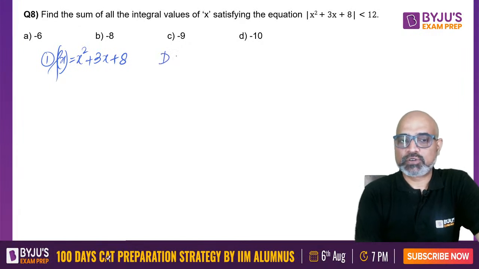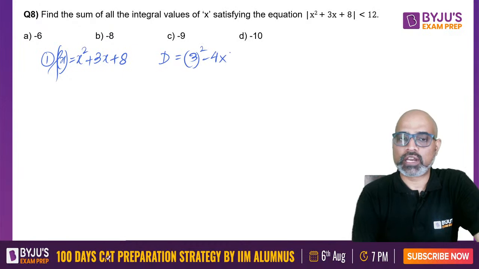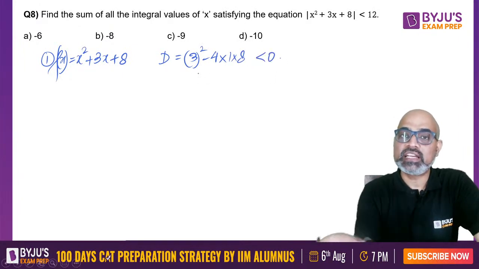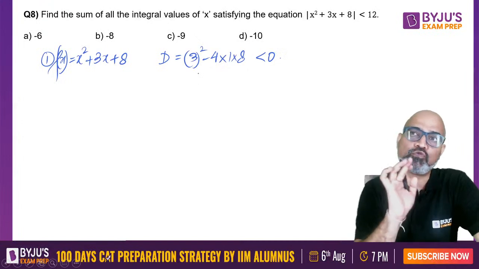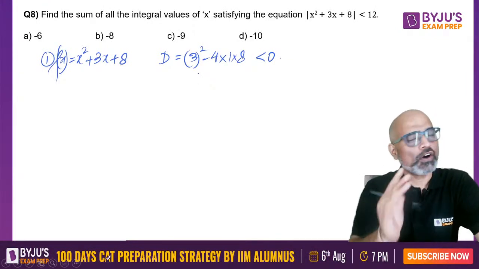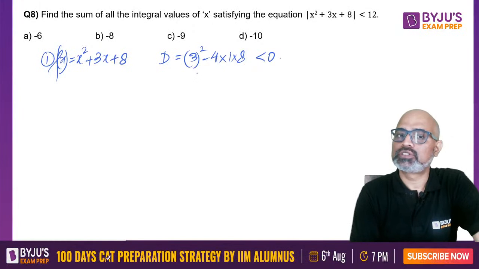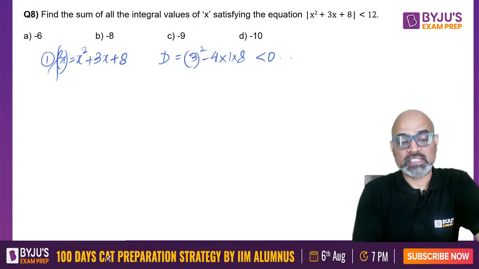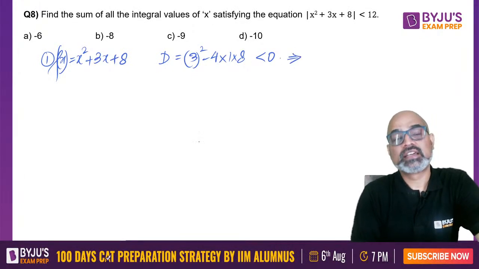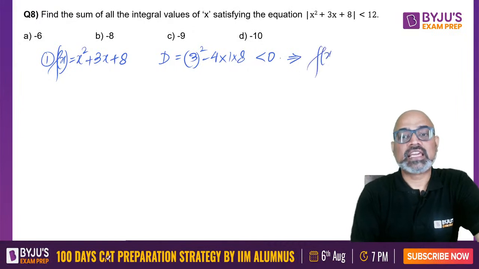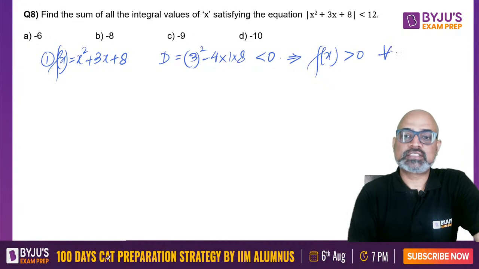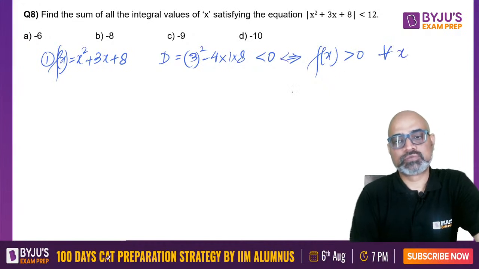First is if I calculate the discriminant, which is going to be b square minus 4ac, which is negative. So when discriminant is negative for a quadratic, what does it mean? Of course, it means that it has imaginary roots. But it also means a very, very important thing. It means that the given quadratic will always be positive, doesn't matter what x you put.